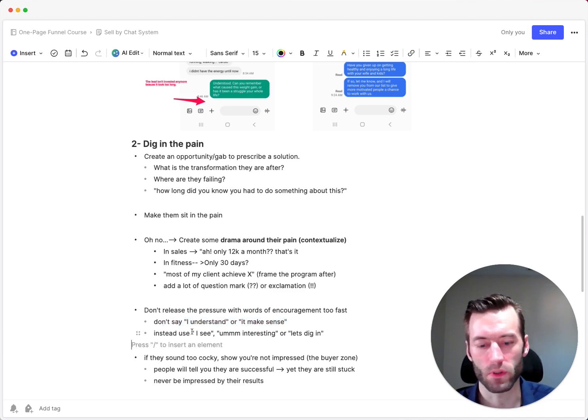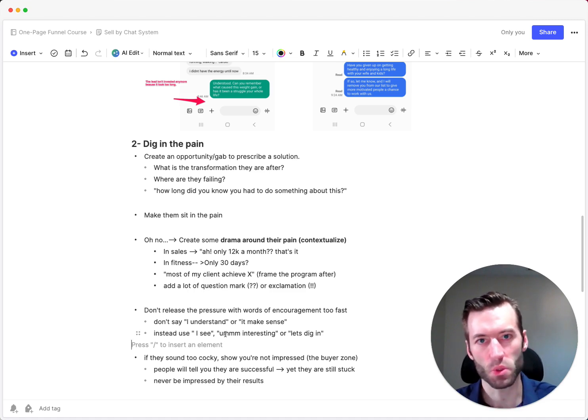So you don't want to convey too much emotion so that they can justify this situation because they're listening to you. If you're saying, yeah, totally fine, right away you release the pressure and you're working against yourself. So they need to sit in the pain for a long time to understand that, oh yes, I should change. They need to be uncomfortable.